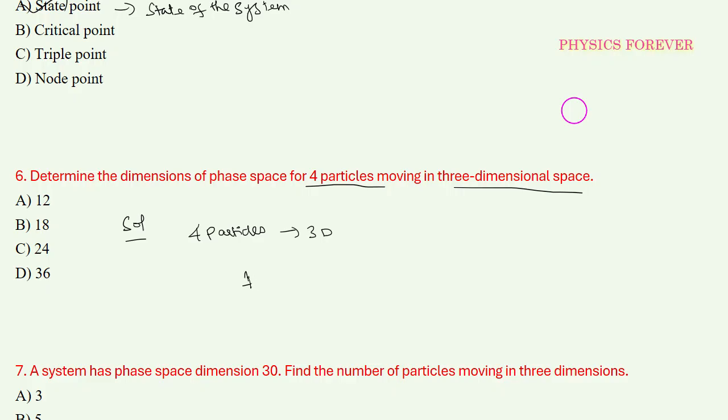For n particles in 3 dimensions it is 6n. Here n is equal to 4, so we just multiply 6 into 4, that is 24. So the correct option is C.